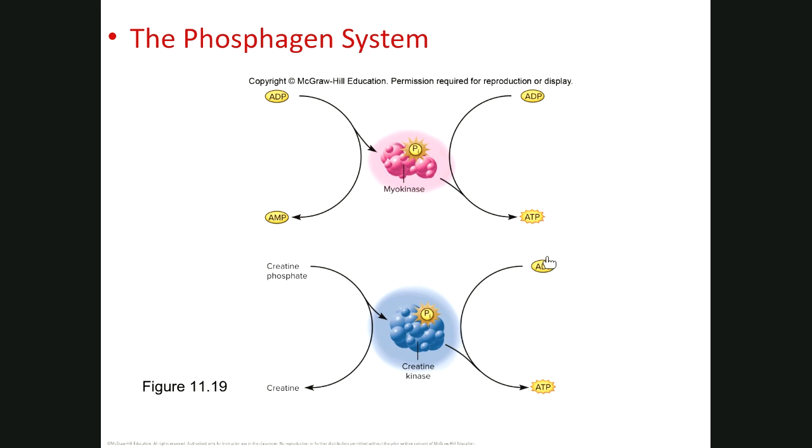So this myokinase is very important, especially in the beginning when you don't have enough oxygen. And I'll show you that when we go back to the picture. Another mechanism is when you have creatine phosphate. We need to make ATP, right? So what we need to do is get the phosphate from creatine phosphate, creatine stays by itself, and then grab another adenine diphosphate.